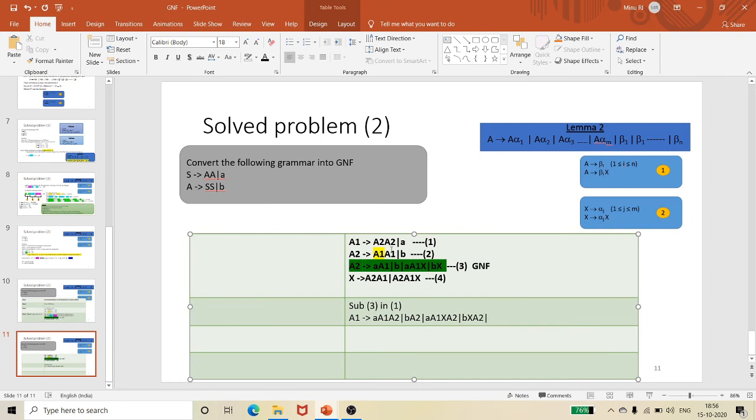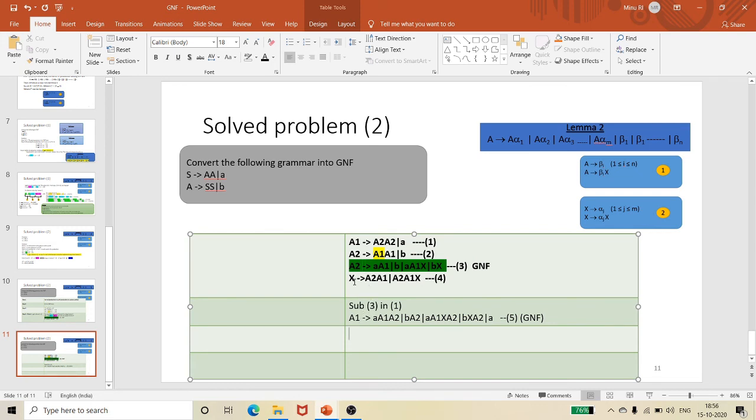And also I have a over here, which I should not forget. So this becomes my equation 5, which is a GNF form. You can see a terminal with a non-terminal, a terminal with a non-terminal, and simply a terminal. Now A1 becomes GNF, A2 becomes GNF.